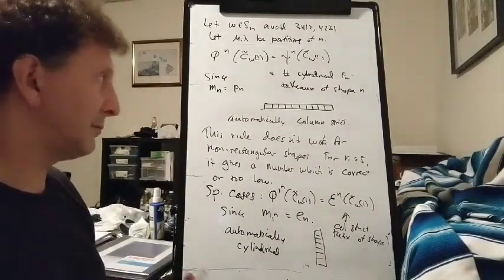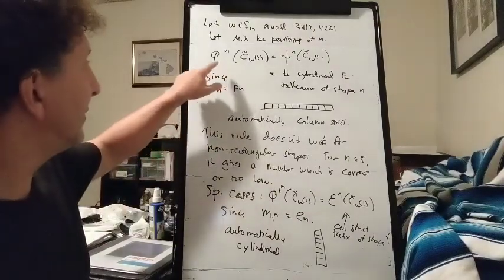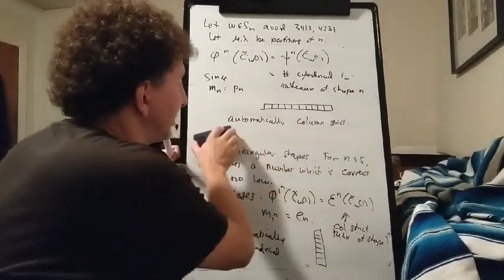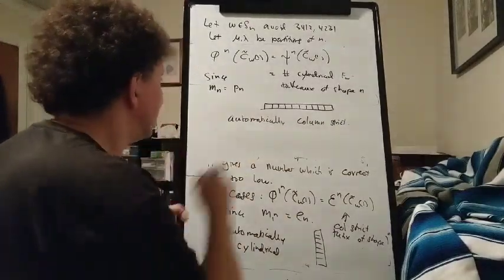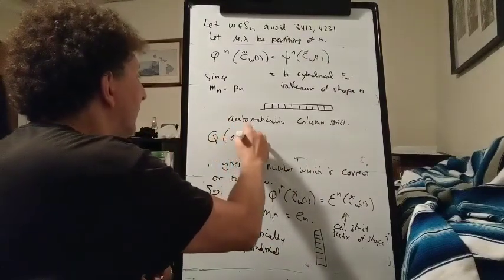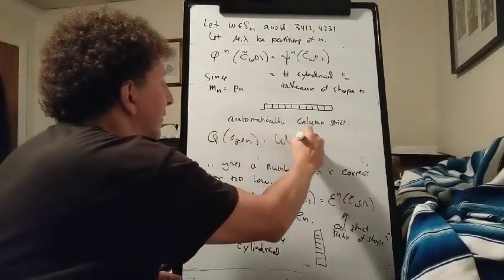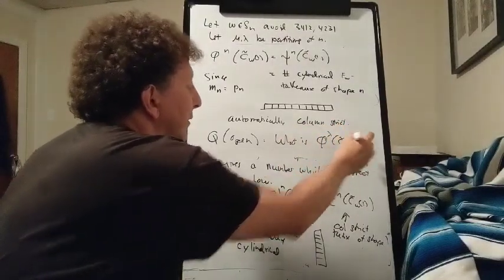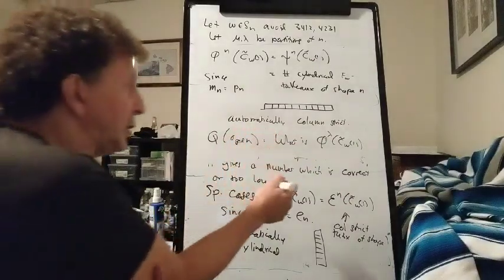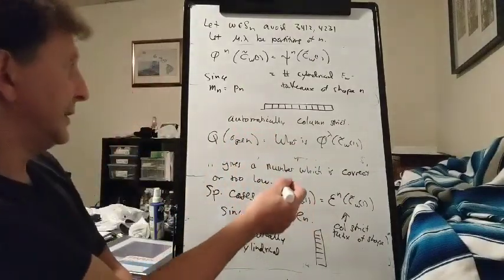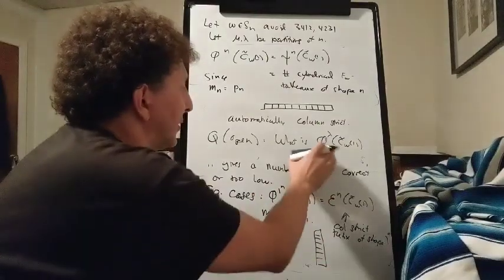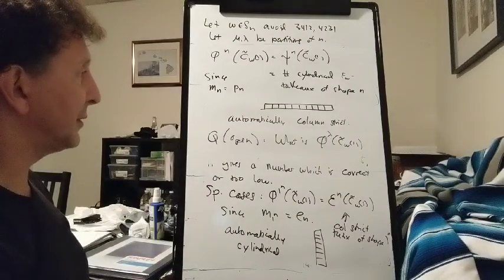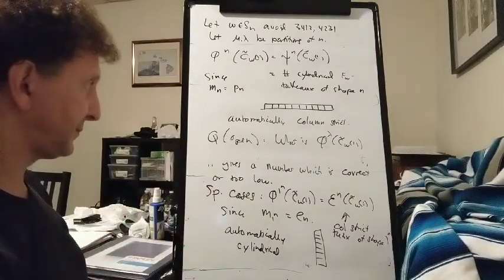Now, I would love to, and a lot of people would love to, have a formula for what phi^lambda of a Kazhdan-Lusztig basis element is. It's open for q equal to 1, it's open for general n, it's open for W avoiding 3412 and 4231, it's open for W avoiding 312.